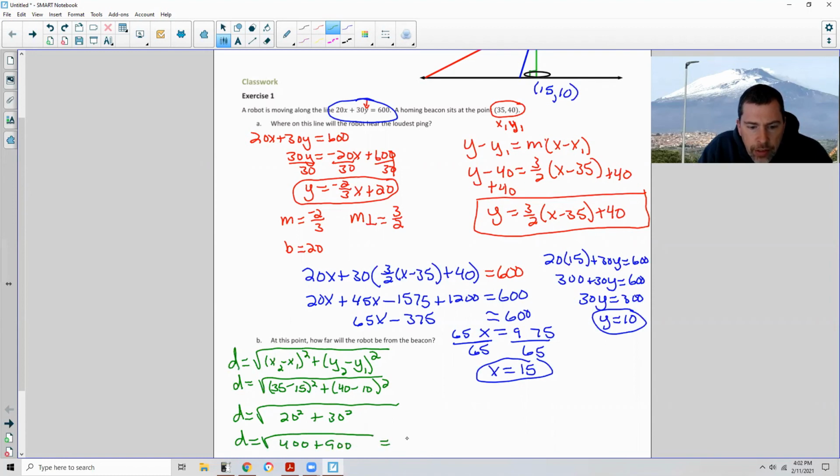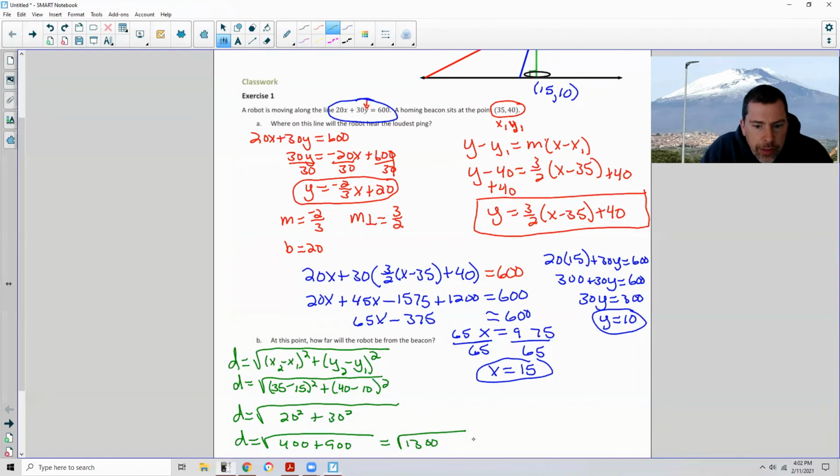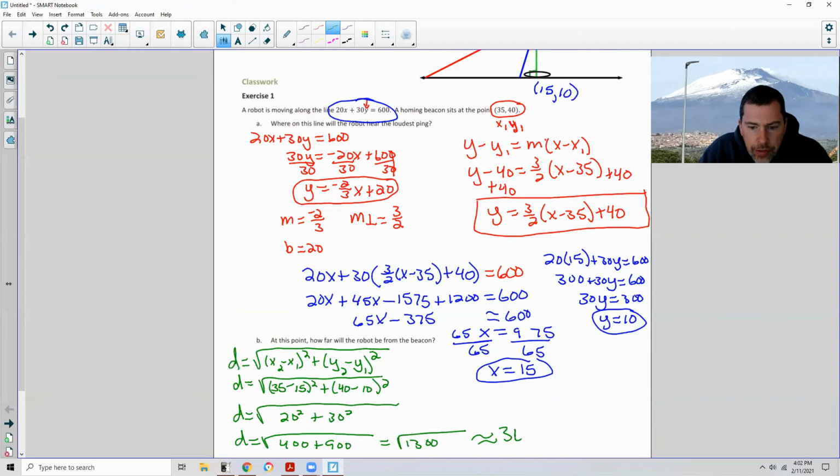So the distance is the square root of 1300. Or I could just do the square root of 400 plus 900, and I get approximately 36.05, or 36.06 units.